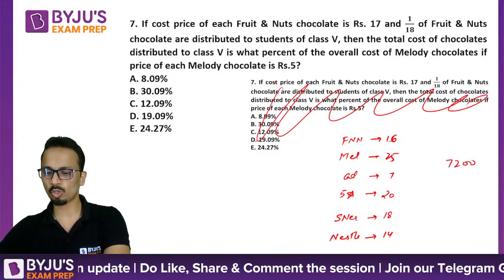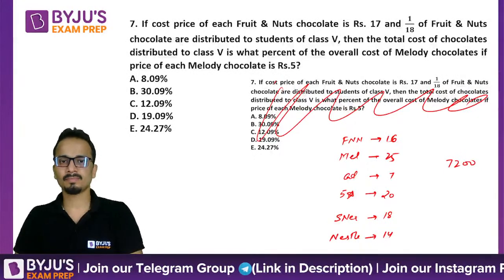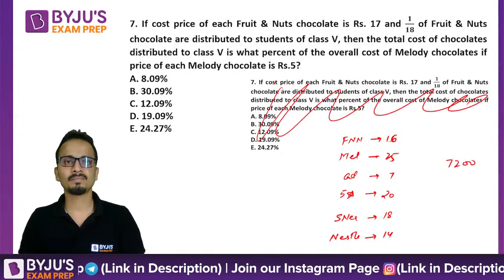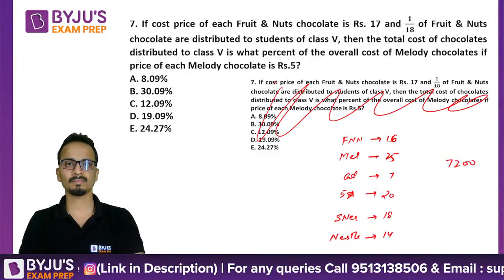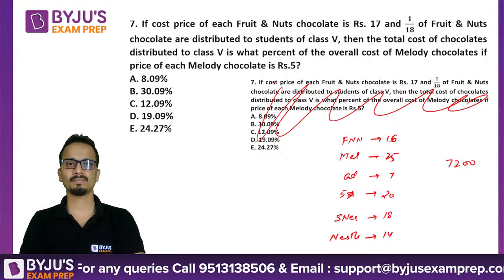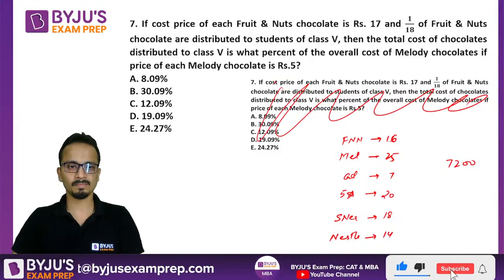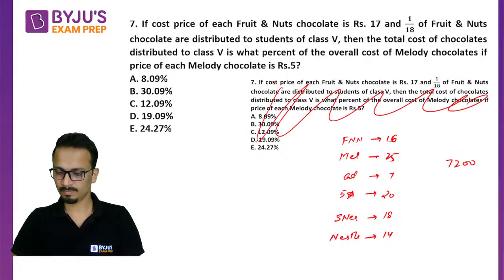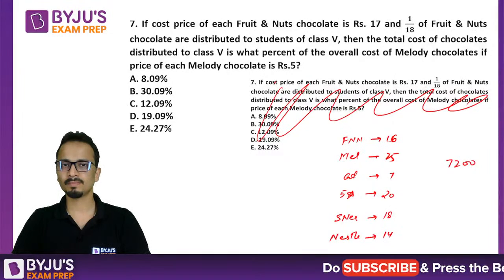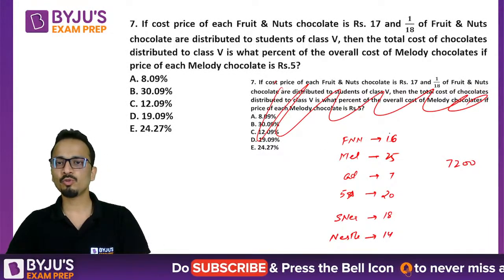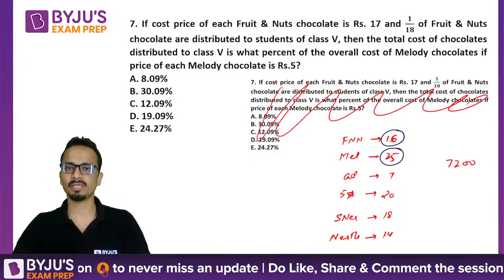The total number of chocolates was 7,200. So you need fruit and nut, which is 16%, and Melody, which is 25% for this particular question.